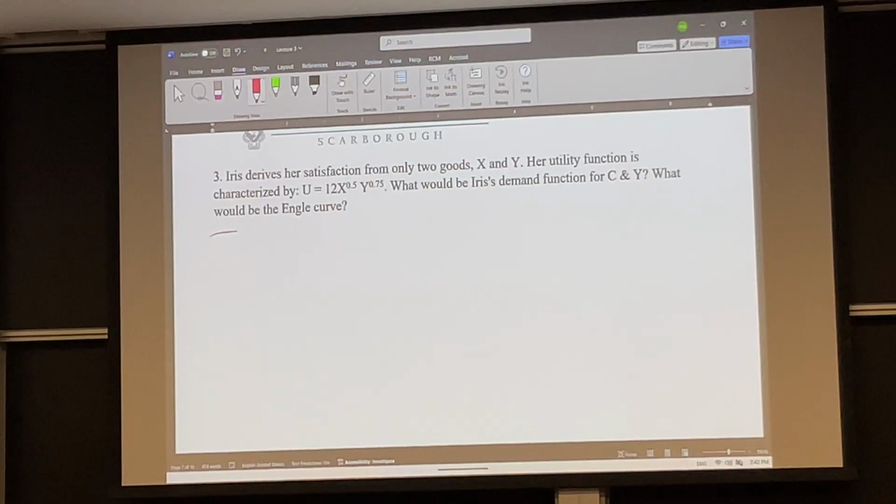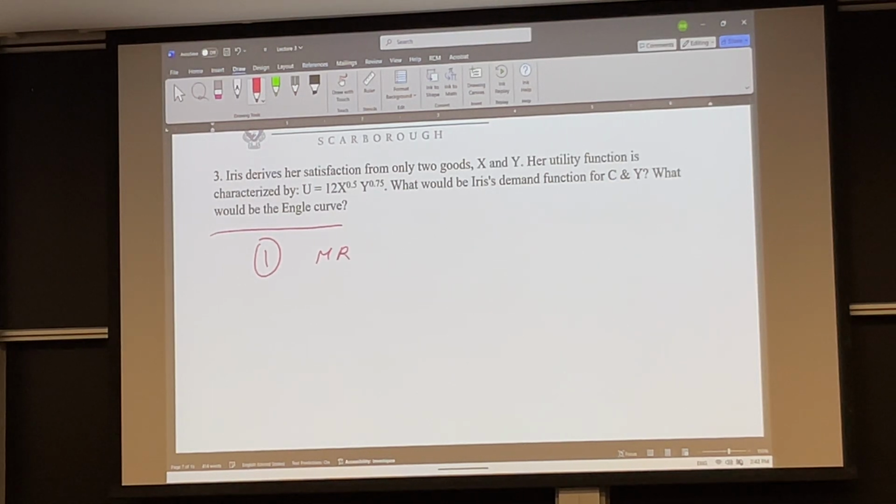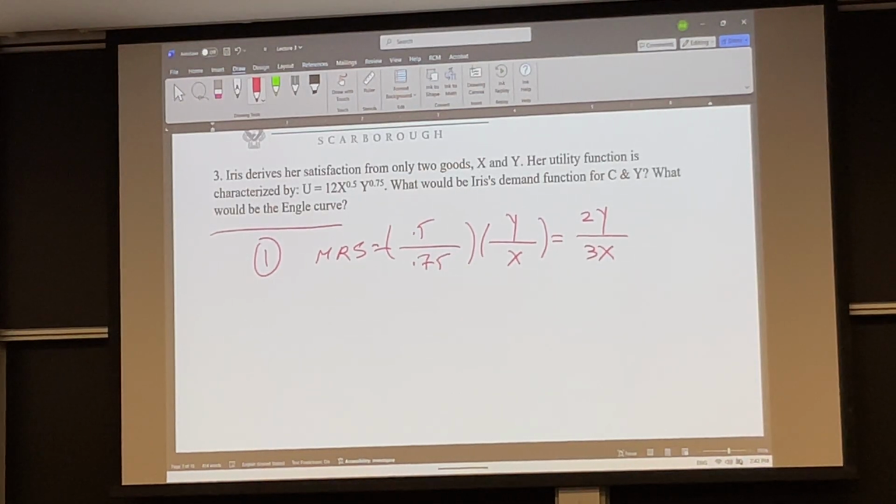We need the Engel curve, we find a demand function. In it, there's everything. In it, you get the demand curve, you get the Engel curve. We need the MRS. What is the MRS? What's the MRS? 0.5, 0.75, y over x. That should be 2y over 3x. That should be equal to the relative price.